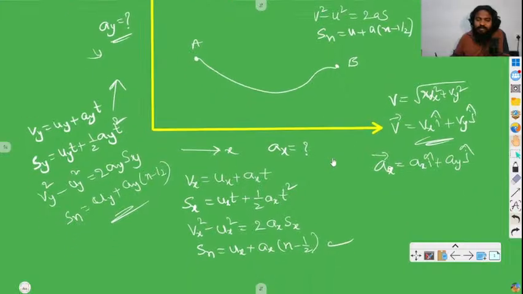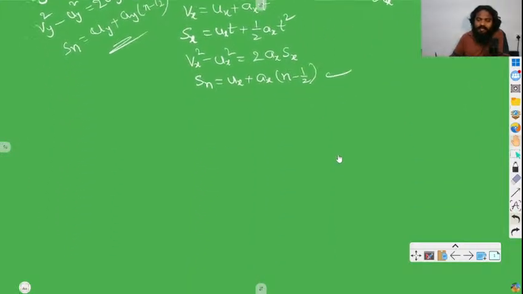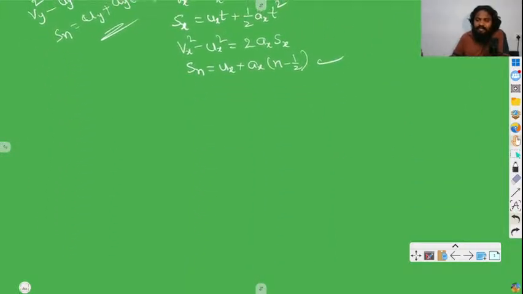Sometimes they give a position vector, for example, they'll give a velocity vector like this. Let me draw the x-axis and y-axis.